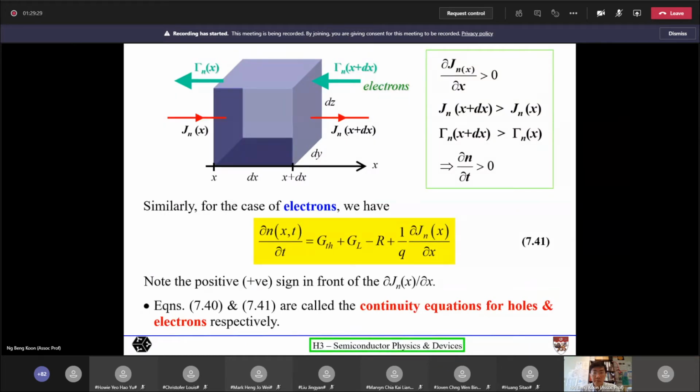So that's why we have to derive the effect of that, and to analyze the second non-equilibrium condition, we can now use the continuity equations that we have obtained.